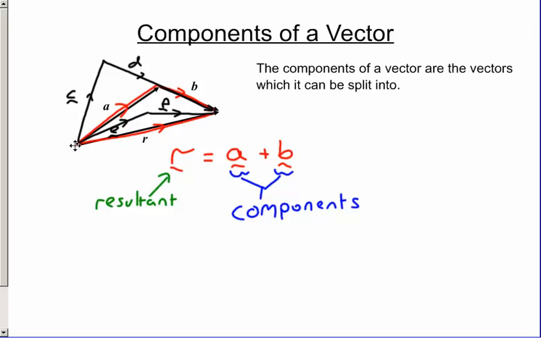So we need a way to come up with a unique way of splitting up any vector. And the way we do that is we have to use perpendicular vectors. The perpendicular vectors we use are ones in the x direction and in the y direction.